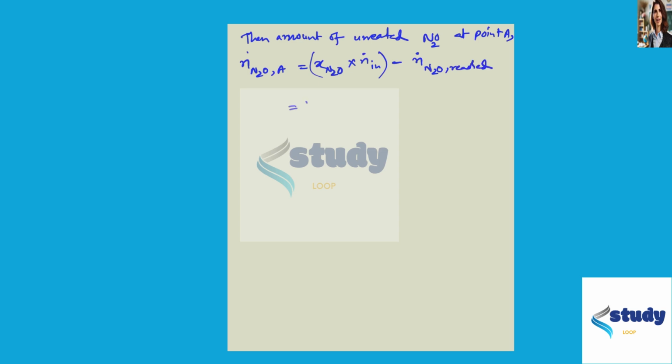Let us insert the values. The mole fraction is 0.78. The total moles is 0.167 kilomole per minute, minus 0.044 kilomole per minute. From here we get the amount of unreacted nitrous oxide is 0.0863 kilomole per minute.